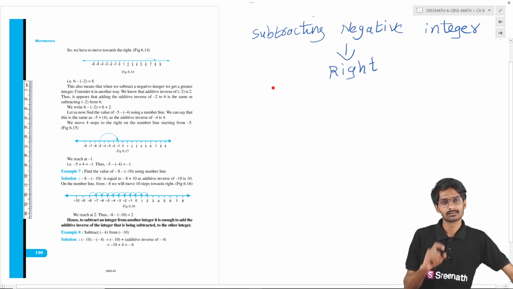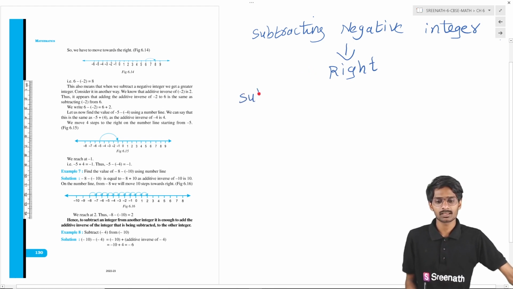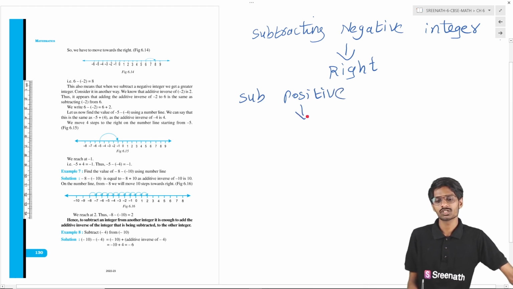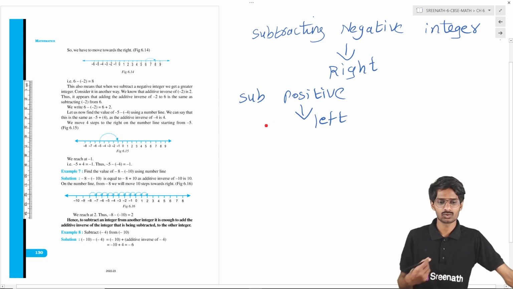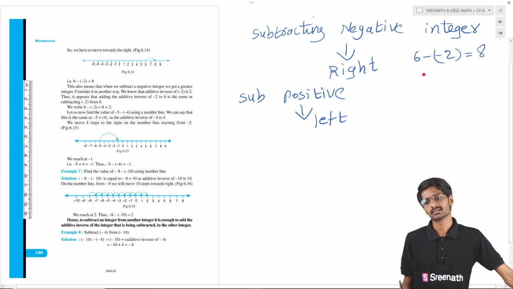While subtracting a positive integer, you have to move left side. That's it, students. So we are getting that 6 minus of minus 2 is equal to 8.